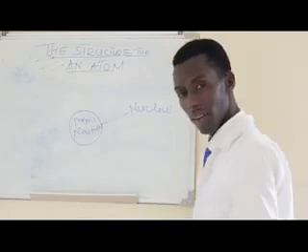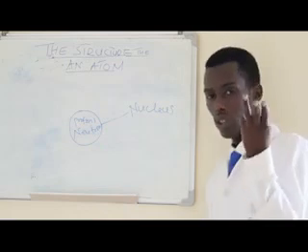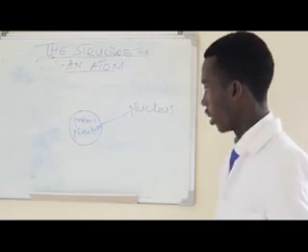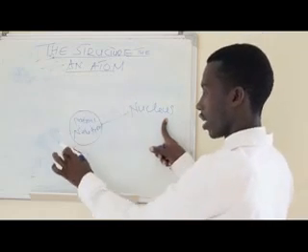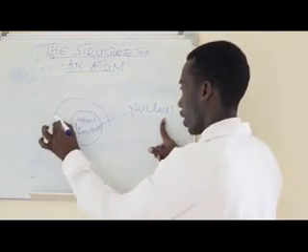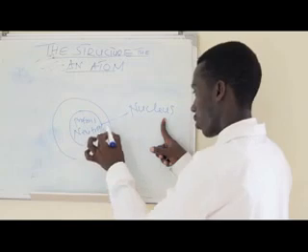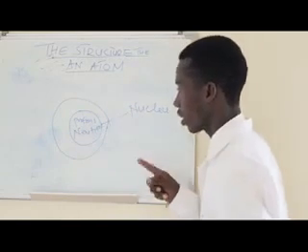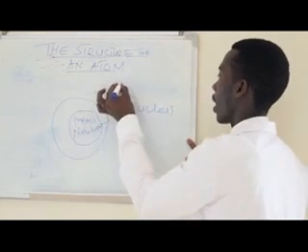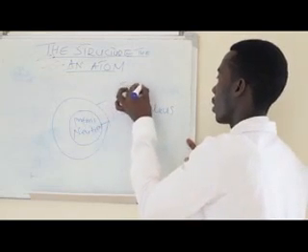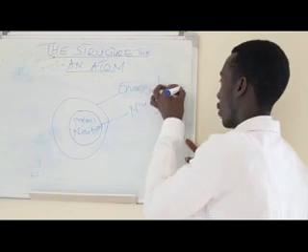Specifically, an atom is composed of two regions. Region 1 is the nucleus. Another is a bigger region surrounding the nucleus, indicated in this way. This bigger region is known as an energy level.